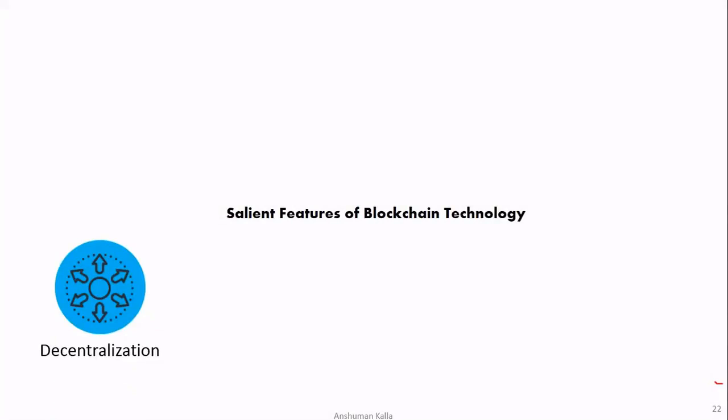So decentralized systems, right? Blockchains, as I said before, are decentralized systems. Decentralized systems means all the nodes in the network have no complete control over the system. They are all together managing this system.